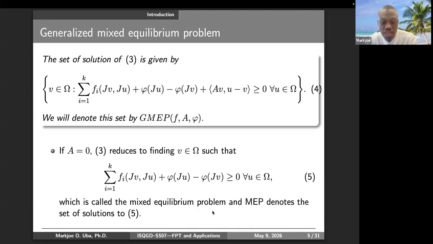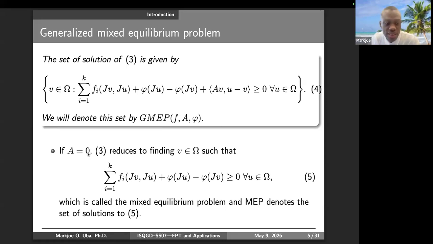And the solution set to that equation, the one we studied, will be given by this set, given by 4. As we go down in the slides, we will not make reference to this number 4 again. We just use GMEP to mean generalized mixed equilibrium problem, and F, A, and this function are those functions we use to define it.